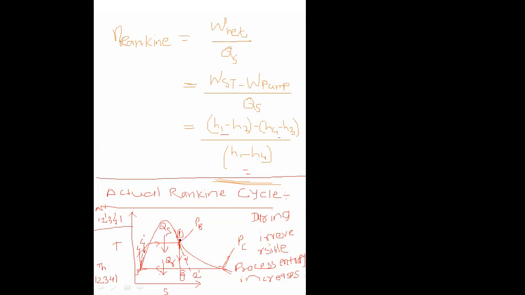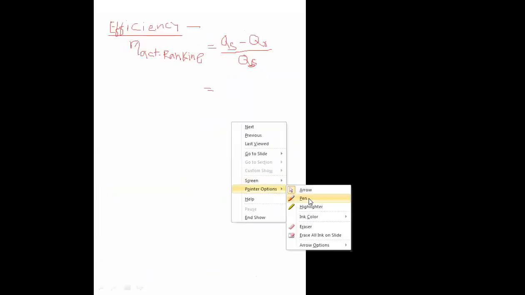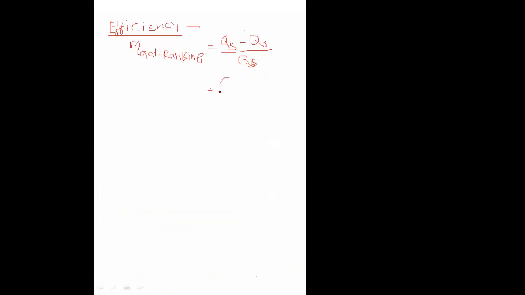Heat supplied. What is it actually here? H1 minus anybody? It is H1 minus H4, but in the actual Rankine cycle it is H1 minus H4 dash. So heat supplied will be H1 minus H4 dash.